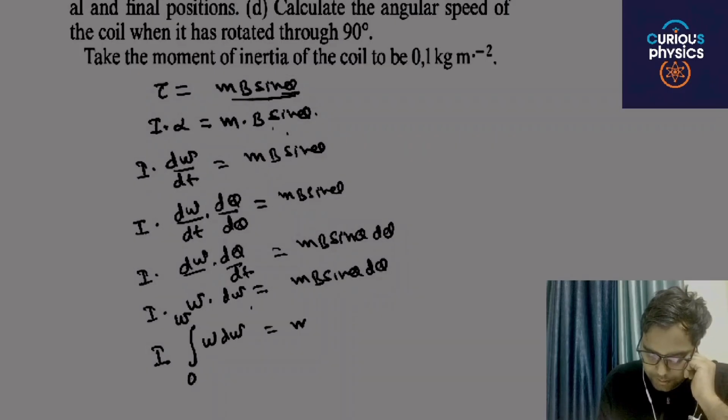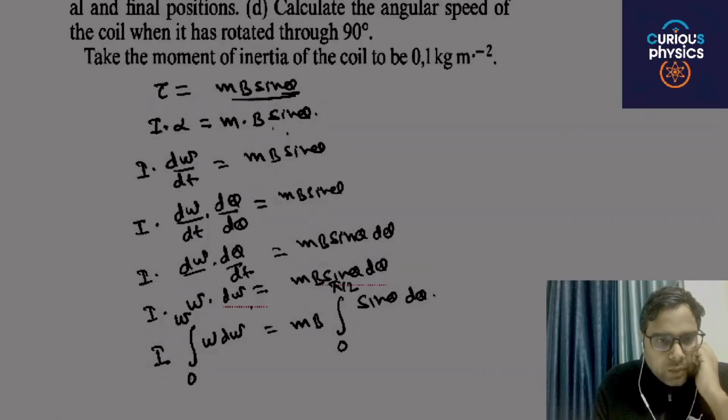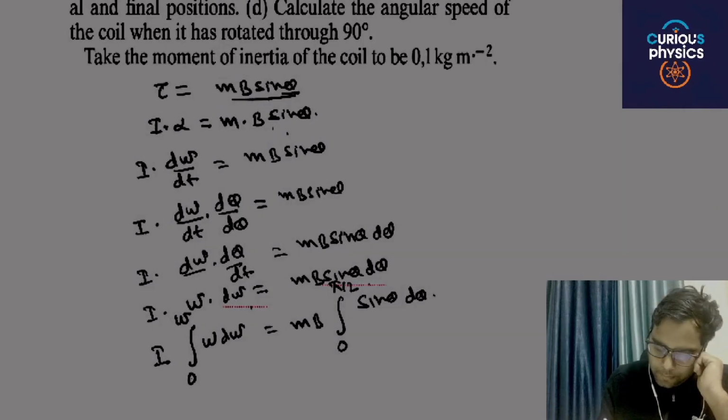Now you can integrate both sides. Integrating both sides, omega goes from initial 0 to the final value, and theta goes from 0 to pi by 2. Are you able to get my point?